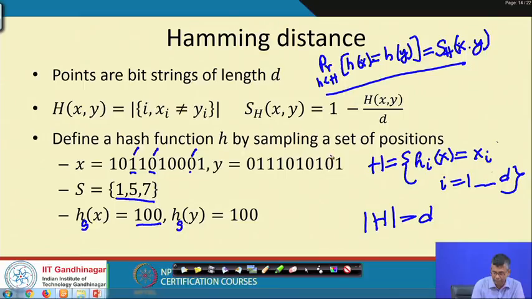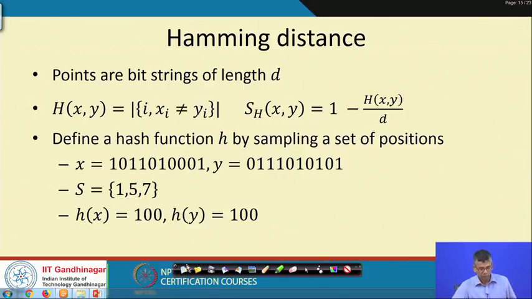For y we again look at positions 1, 5 and 7, that again gives me 1, 0, 0. Therefore, the hash function h_s really is the projection of the strings x and y onto these particular coordinates.